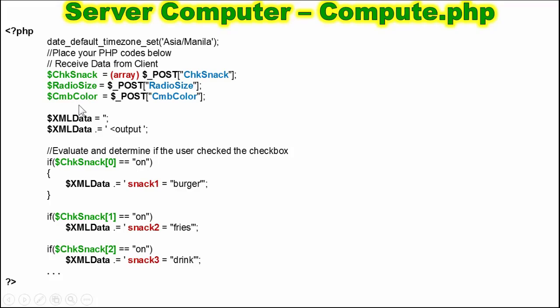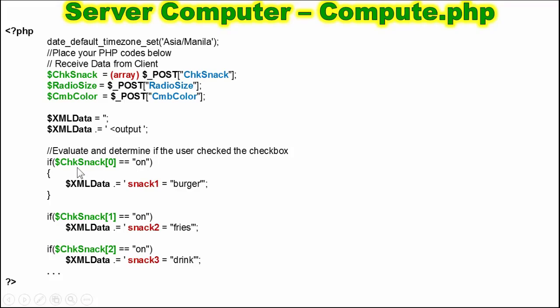The variable $cmb color will receive the combo box value from the client computer. The variable $xml data will collect information to be sent to the client computer with XML document package.